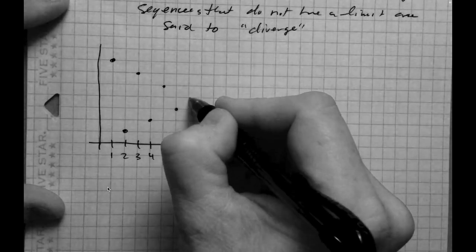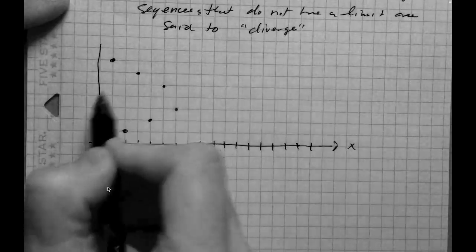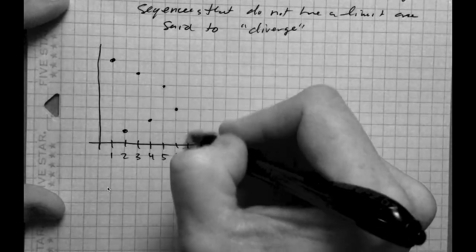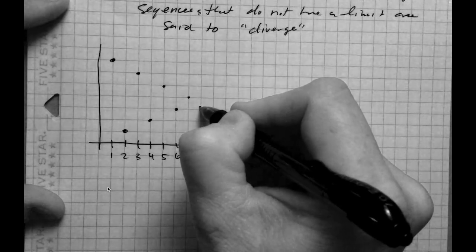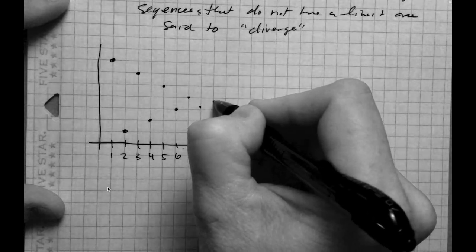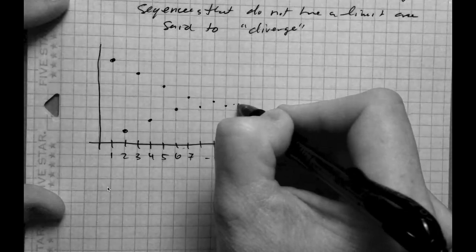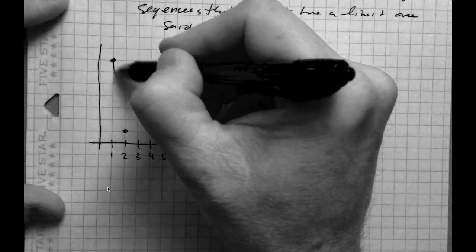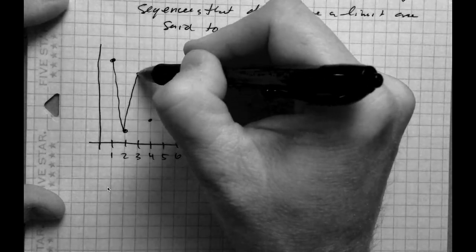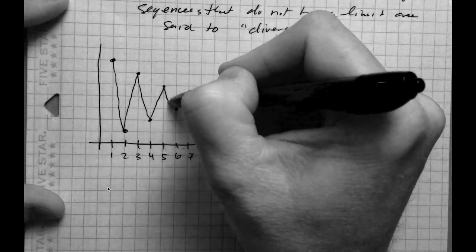The terms are coming closer together. So when n is 7, maybe it's up here, and then at 8, and then at 9. So it kind of does this. I'll just put this on here. This just shows you the order of the terms.